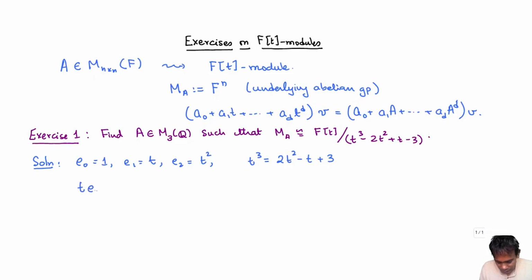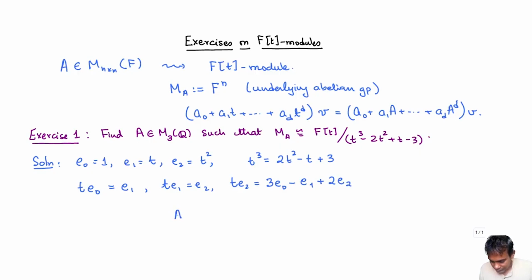So t E0, well, it's just t times 1, that is E1. t E1 is E2, and t E2 is t cubed, so it is 3 E0 minus E1 plus 2 E2.